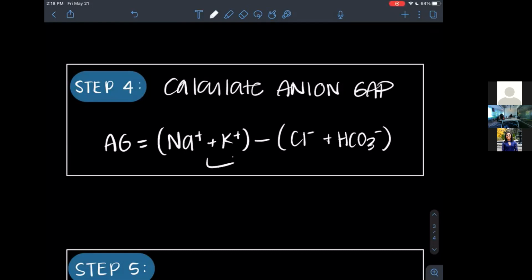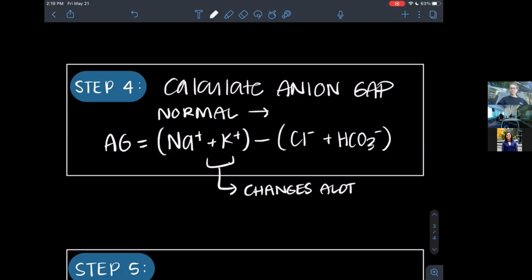If you are going to consider potassium, very unlikely, but that's only if potassium changes a lot. But that's going to change what your normal is. So normal anion gap is between 8 and 12. With potassium, you're going to look at 10 to 16.